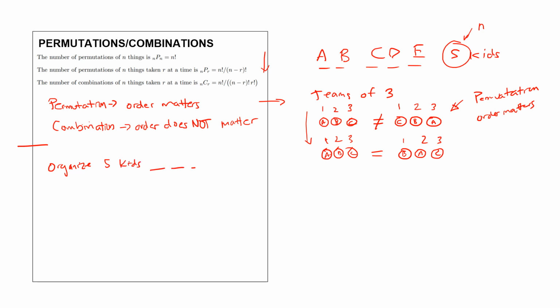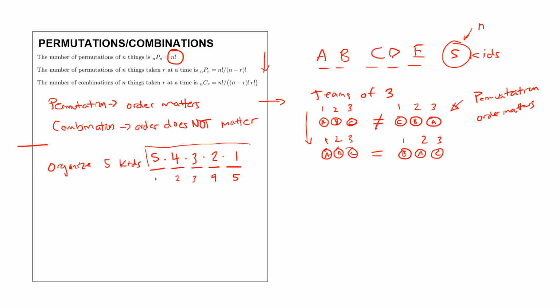So usually I map it out like this, with multiplication signs in between. In the first spot, I could put any of the 5 kids: A or B or C or D or E. Once that first kid is put in, that second slot only has 4 kids left. That third slot will have 3 kids left. That fourth slot will have 2. And the last slot will have 1. So that's why the formula here is n factorial.